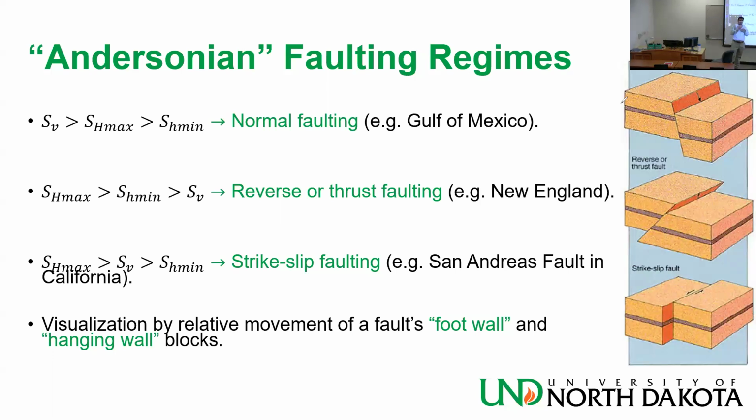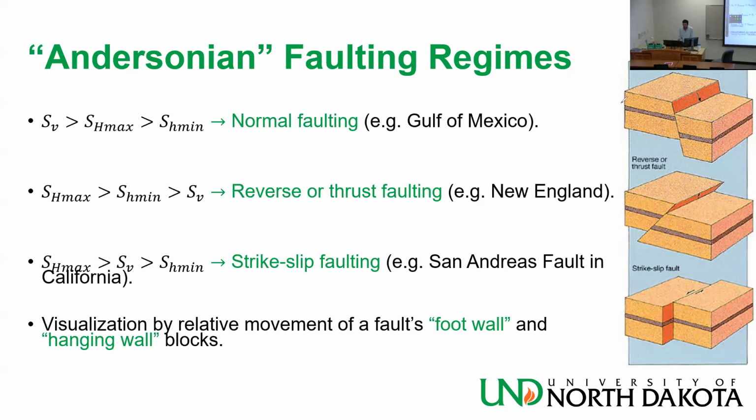Then we went a little bit more complex, and then we came back to those three again, but now we call them SV, SH max, SH min. Is it possible to relate S1, S2, S3 with SV, SH max, and SH min? And the answer is yes.